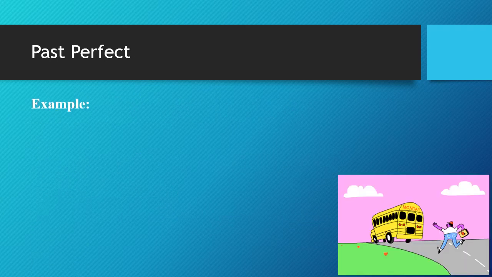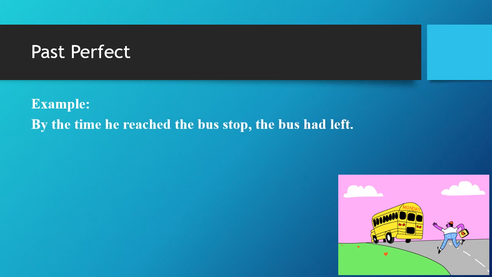Dear students, let me explain past perfect tense with an example. By the time he reached the bus stop, the bus had left. That is, by the time he reached the bus stop, the bus had gone. Let me explain it to you through a timeline.